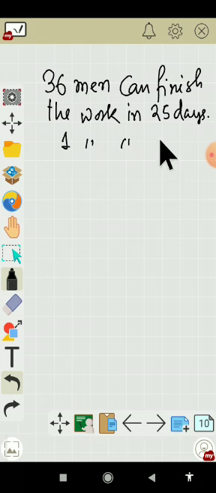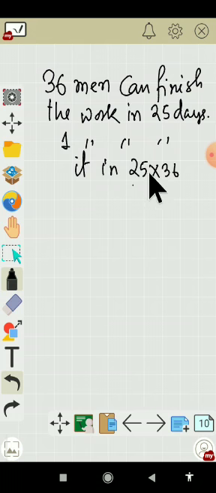So one man can finish it in 25 into 36 days. So here, fewer men, more days. So this is inverse variation.